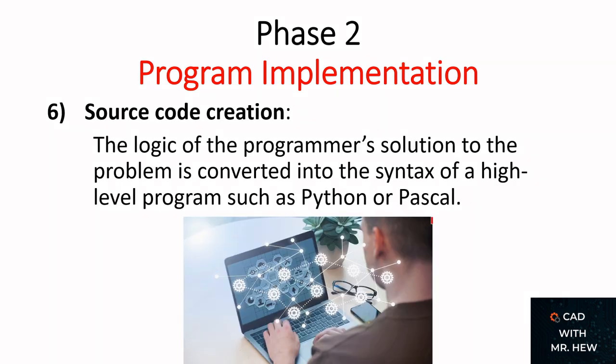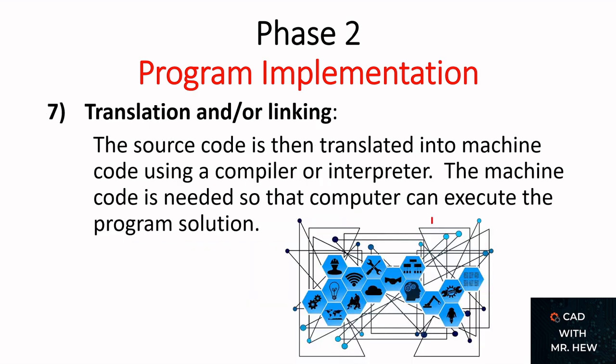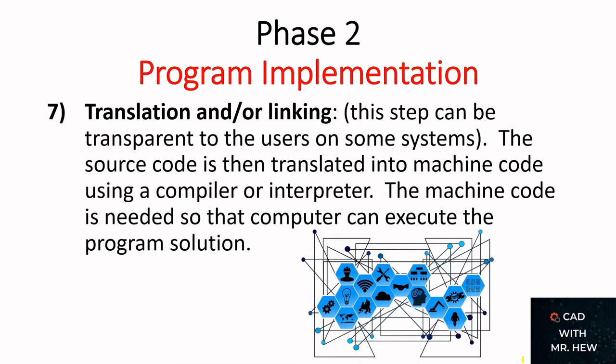Okay, step 6, source code creation. The logic of the programmer's solution to the problem is converted into the syntax of a high-level program language, such as Python or Pascal. Step 7, translation and or linking.